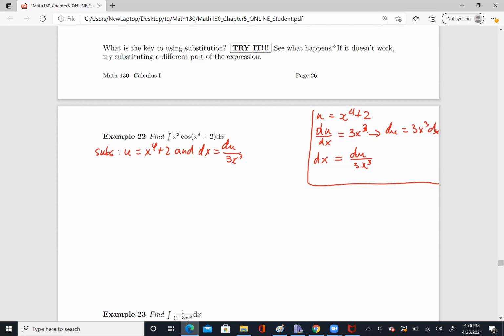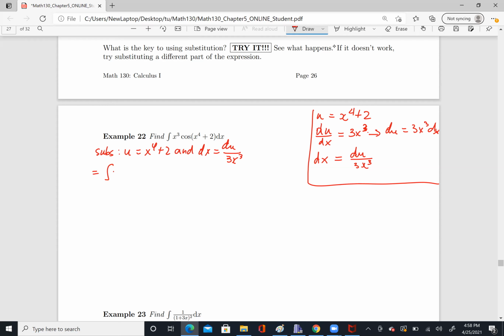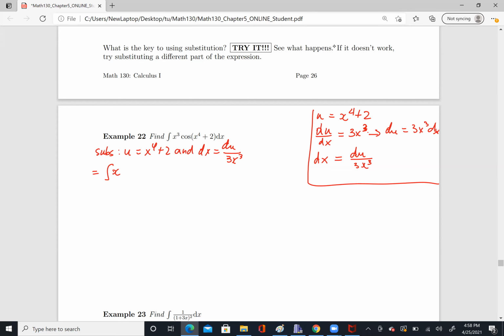Then you're going to have x cubed cosine u du over 3x cubed.